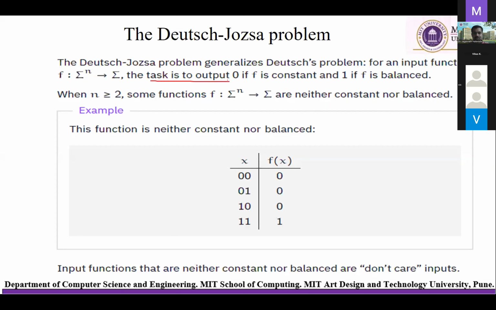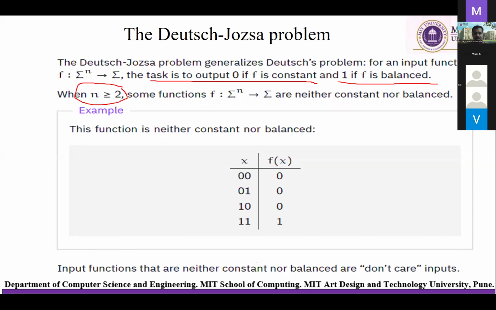The task is to output 0 if f is constant, and similar to the previous one, if it is 1, then it is balanced. Now when n is greater than or equal to 2, some functions, with n number of inputs which map to a single bit, are neither constant nor balanced. There is a problem to define whether that particular function is balanced or constant.